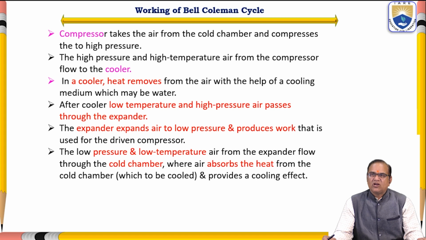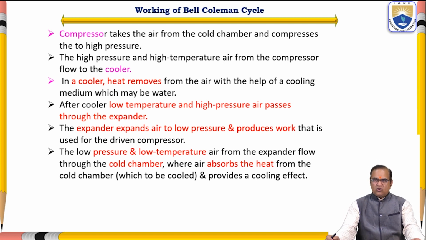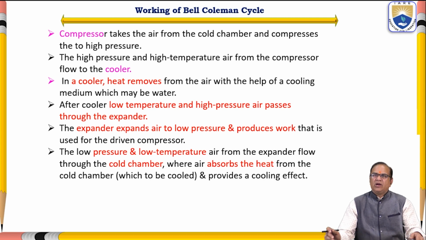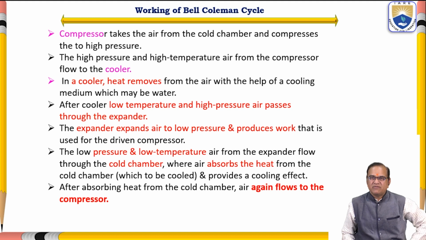The low pressure and low temperature air from the expander flows through the cold chamber, where air absorbs the heat from the cold chamber, which is to be cooled, and provides a cooling effect. After absorbing heat from the cold chamber, air again flows to the compressor and your cycle is completed.